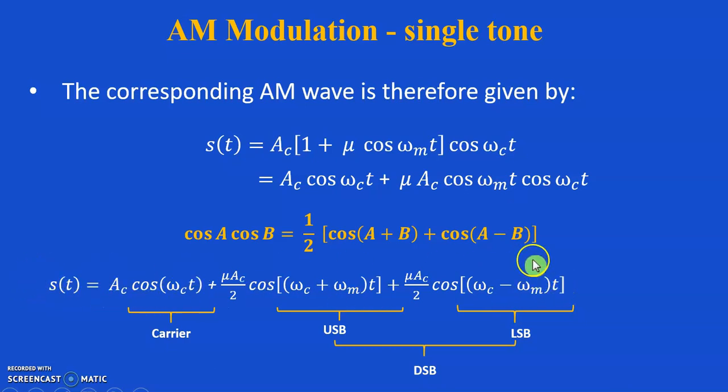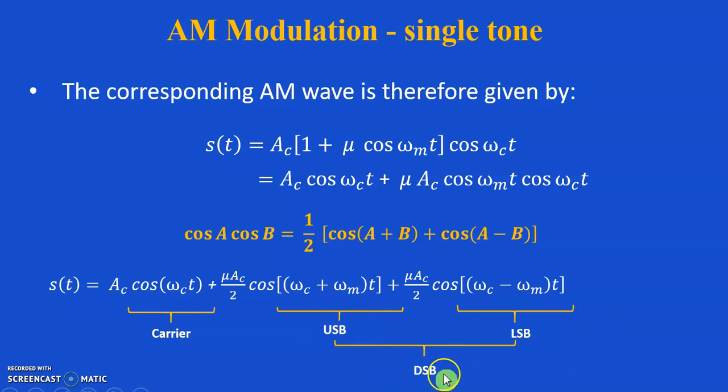So in this equation, we will have three frequency components. One is the pure carrier frequency component, which is omega c, and we have two frequencies, omega c plus omega m and omega c minus omega m. Omega c minus omega m is called the LSB, or the lower sideband frequency, and omega c plus omega m is called the upper sideband frequency, or USB.